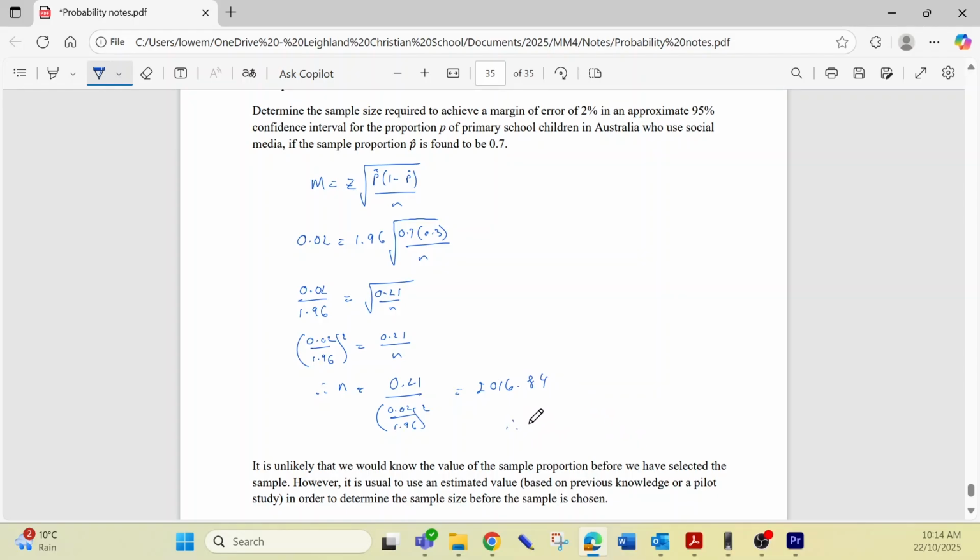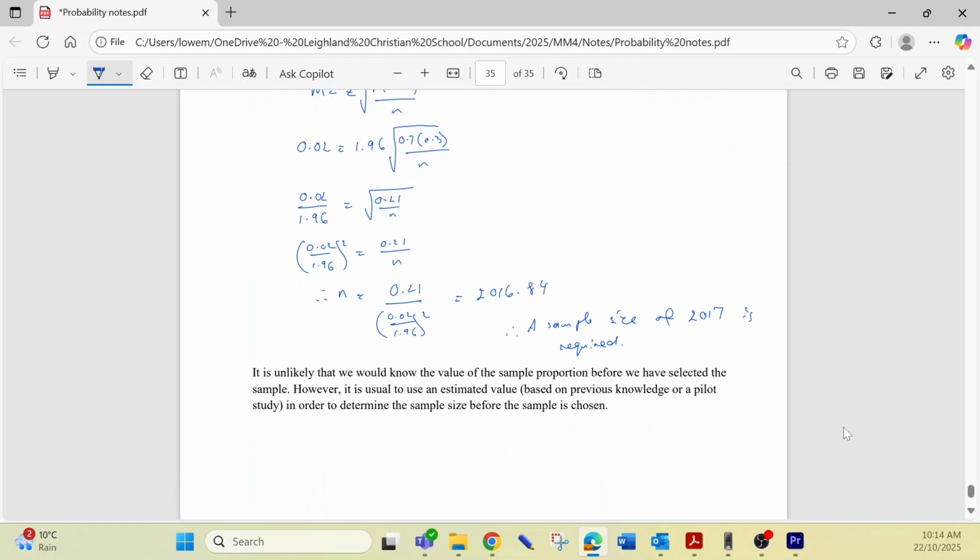So therefore a sample size of 2017 is required. Okay, so really straightforward, but it's worthwhile paying attention to those sorts of things.